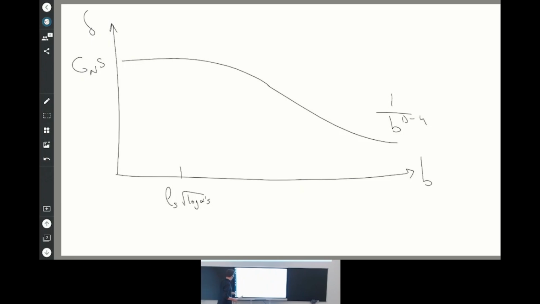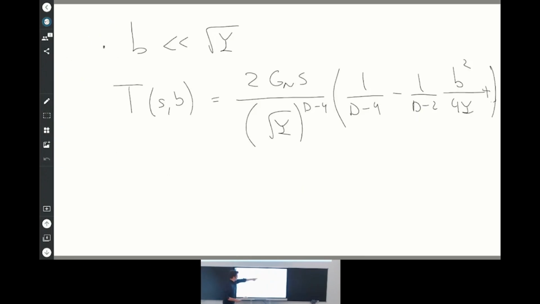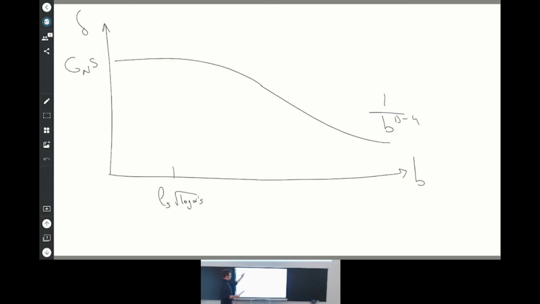So this is just this formula where we're ignoring this log. When b is small, it goes to G Newton s, and then at large impact parameter, it goes to this power. And this is the real part. And the imaginary part is exponentially damped, and it's like this. So this is the imaginary part of delta.